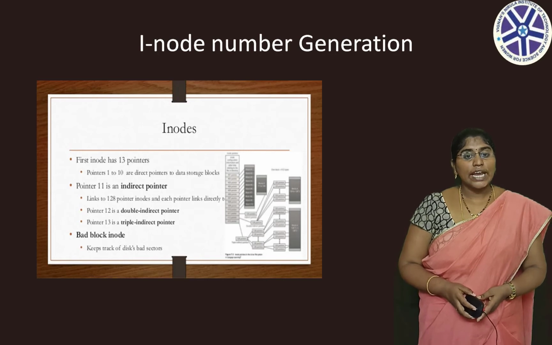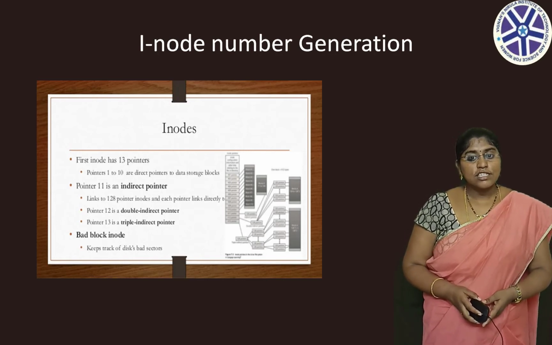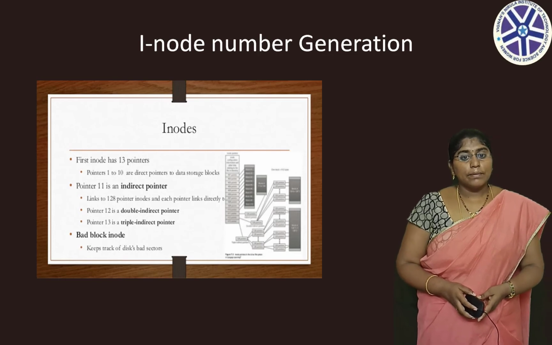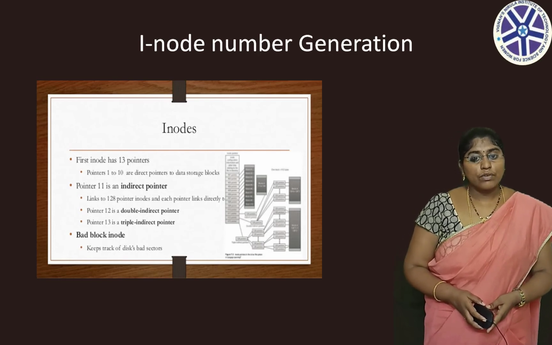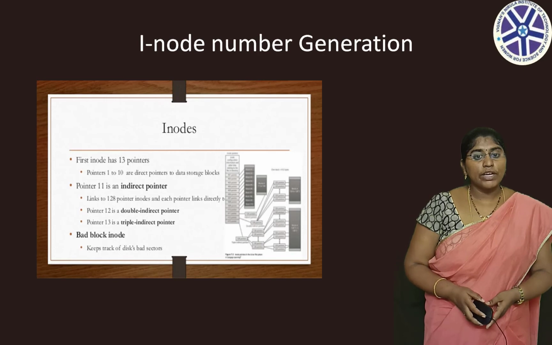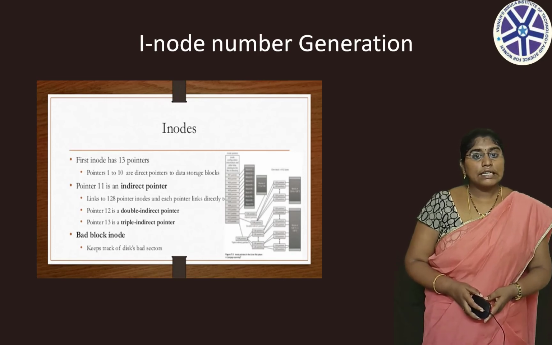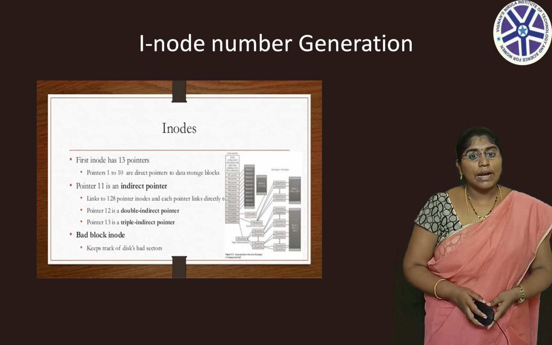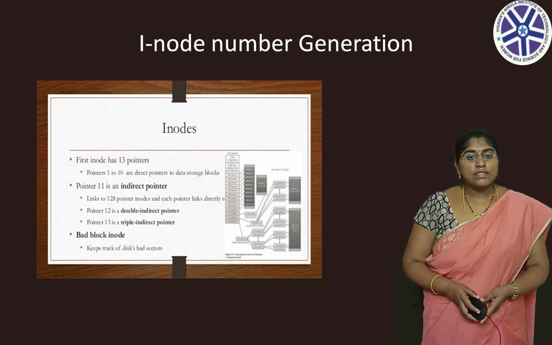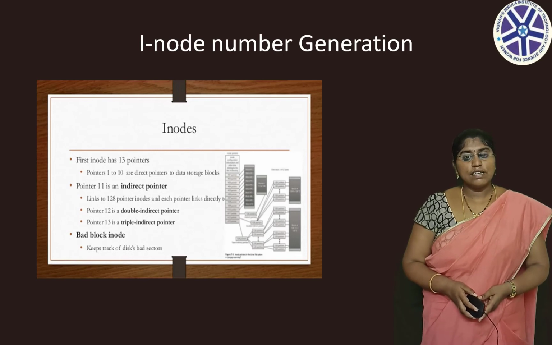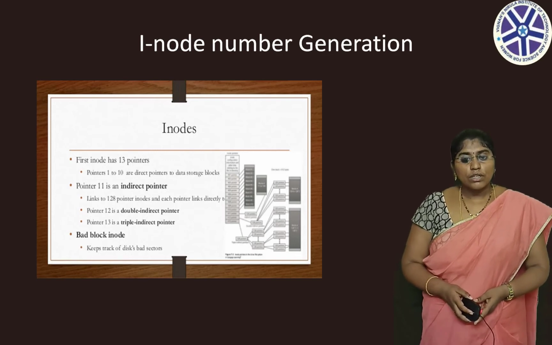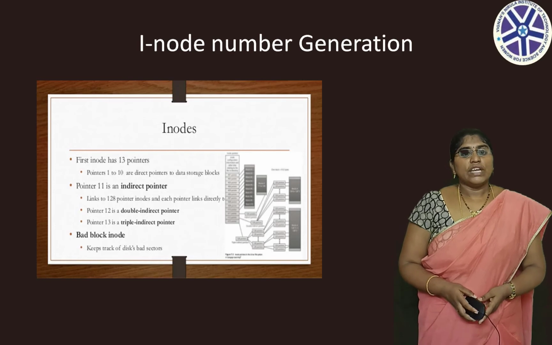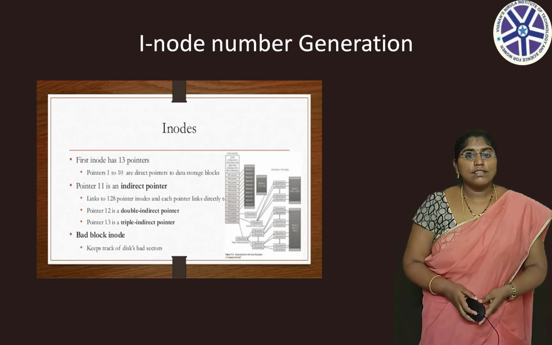It links to 128 pointer inodes, and each pointer links directly to data. Here pointer 12 is a double indirect pointer and pointer 13 is the triple indirect pointer. Here bad block inode is also there. It keeps track of bad sections of the disk. This will be represented by the bad block inode. This is the inode generation.